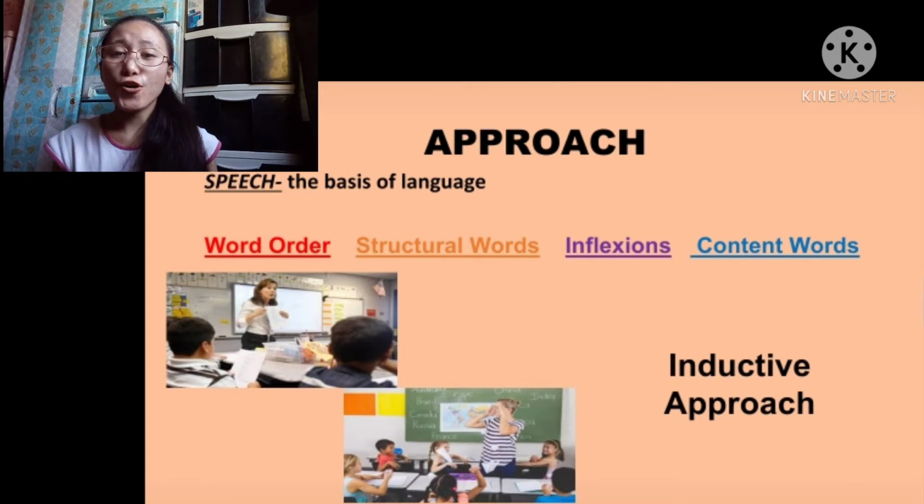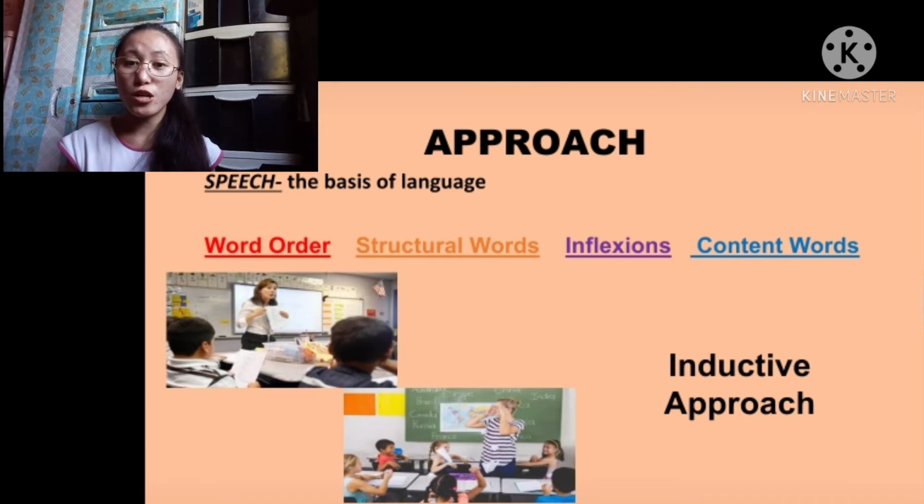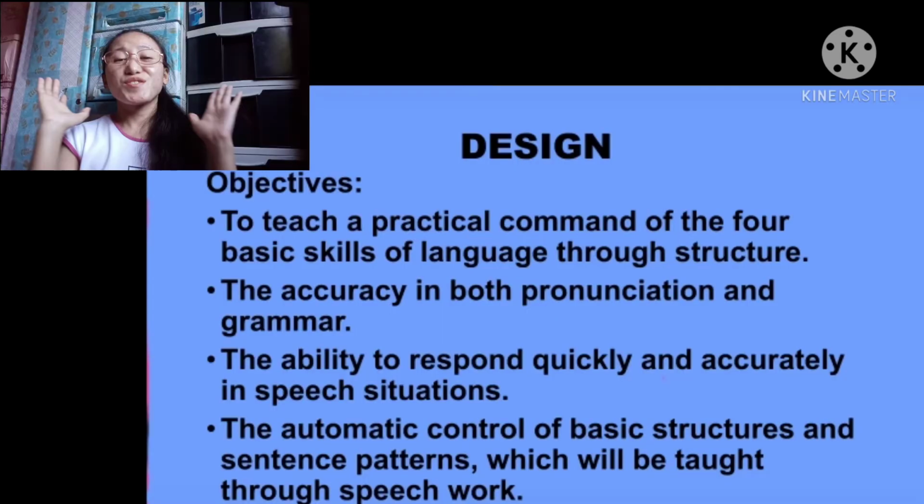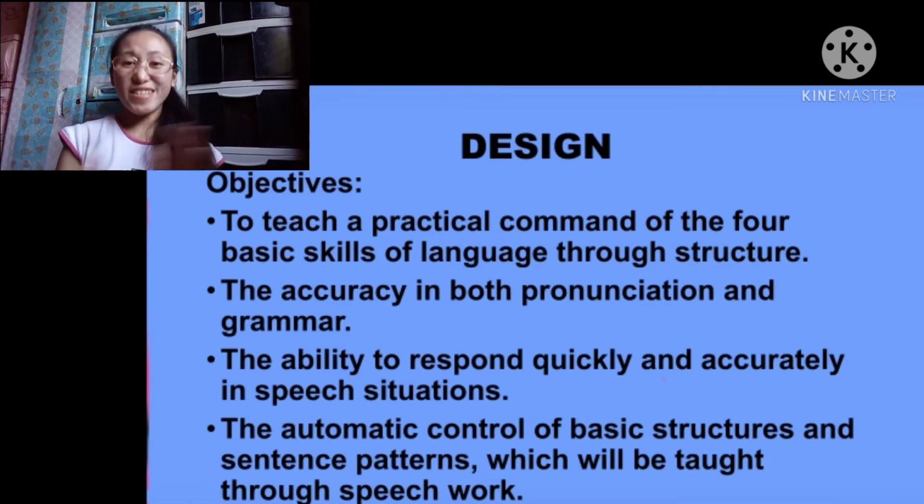Real-life situations should be contextualized in the classroom, so students can use the vocabulary or grammatical structures they learn in situations as similar to real life as possible while they're at school. The inductive approach is applied in the teaching of grammar. Now let's move on to the design.